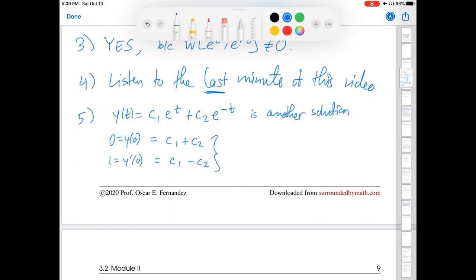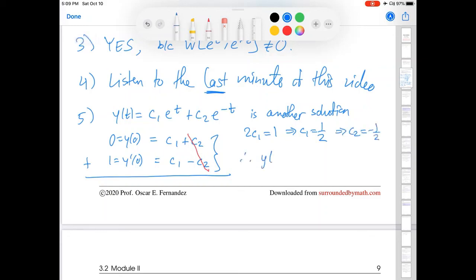So I am left solving this system. The easiest thing to do here is just to add the 2 equations, because then the c2 terms will cancel out. And I will get 2c1 equals 1. So c1 equals 1/2. And then as what happened before, c1 plus c2 equals 0. It means that c1 and c2 are just opposite signs of each other. So this implies that c2 equals minus 1/2.